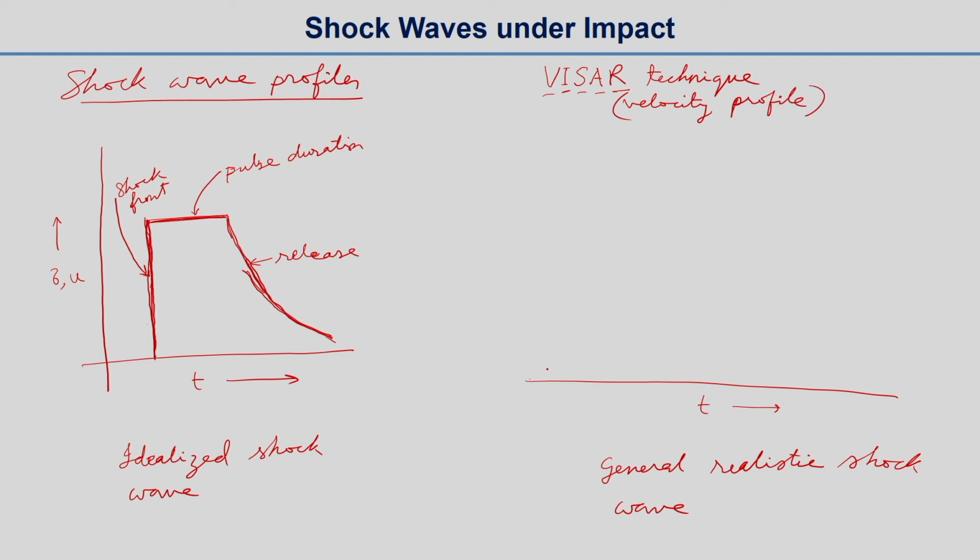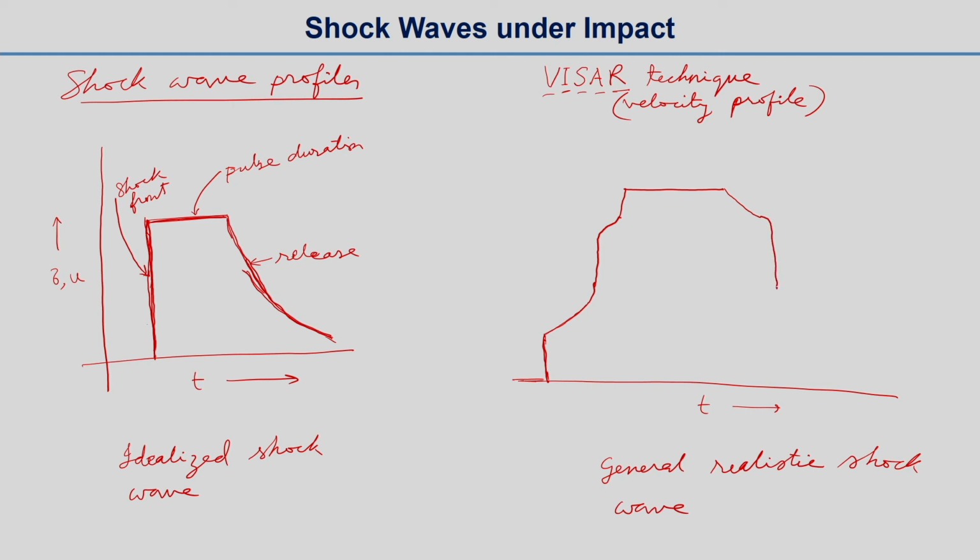So here, first there will be a steep rise of pressure or particle velocity. It will be a steep rise, and then we will have some slope in that part. It will go steeply up again, and this will look like this, and then the plateau comes something like this.